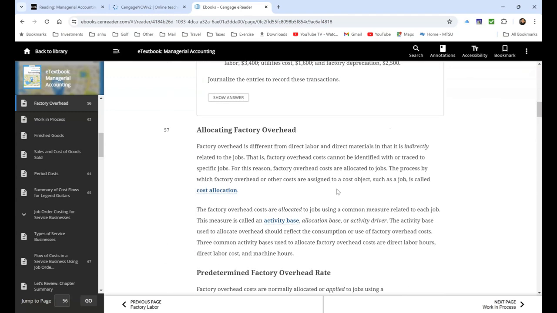So again, this is cost allocation. The factory overhead costs are allocated to jobs using a common measure related to each job. That measures the activity base or the activity driver.